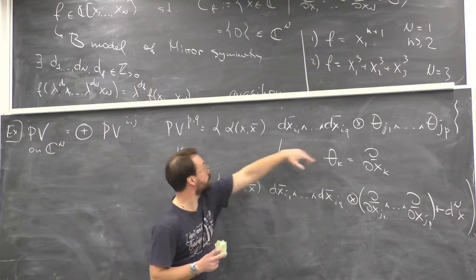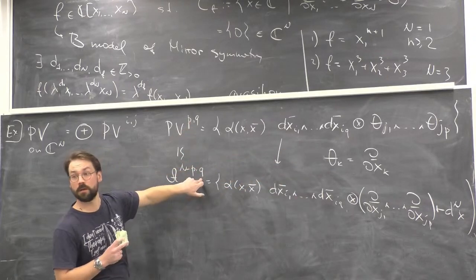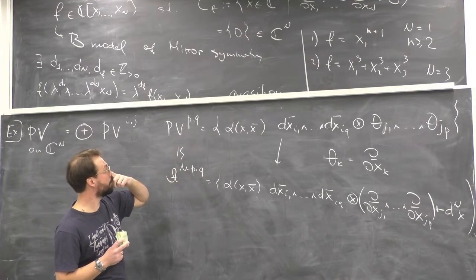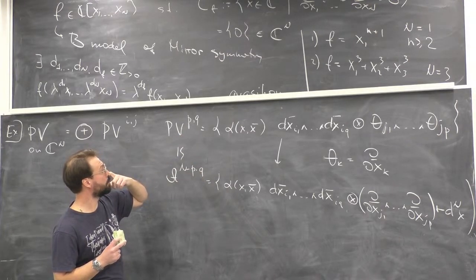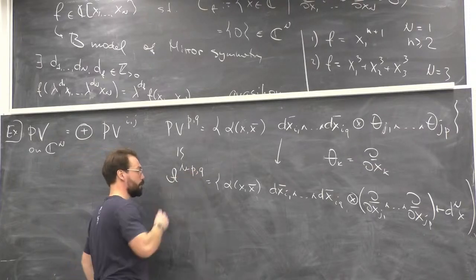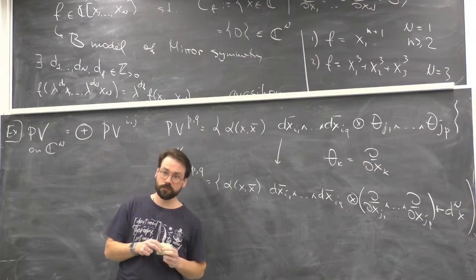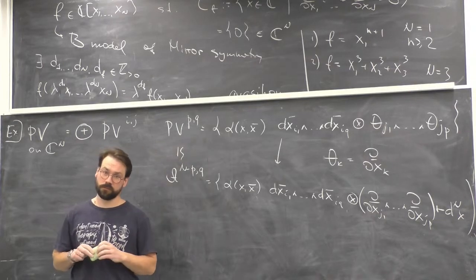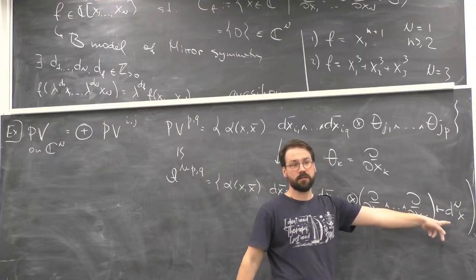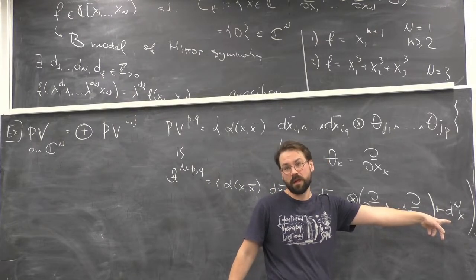So q is preserved. It's not the product p times q; it's (n minus p, q). And then you just replace the rest by that. So I write here the volume form d^n x, but actually one can take any volume form.